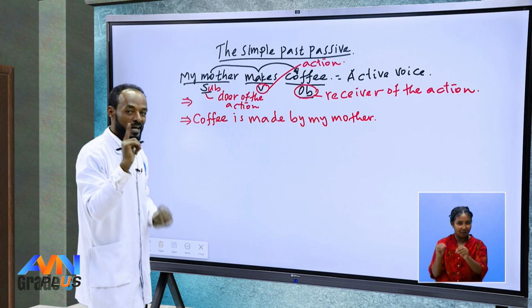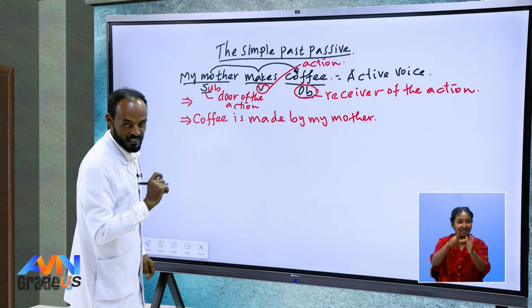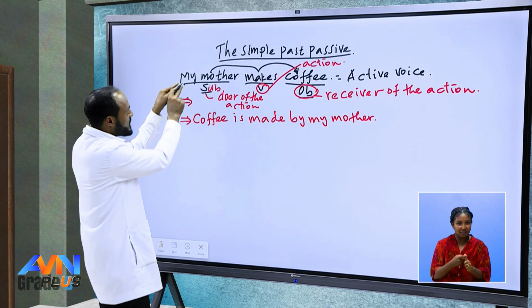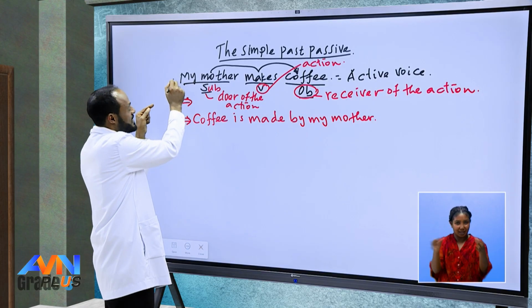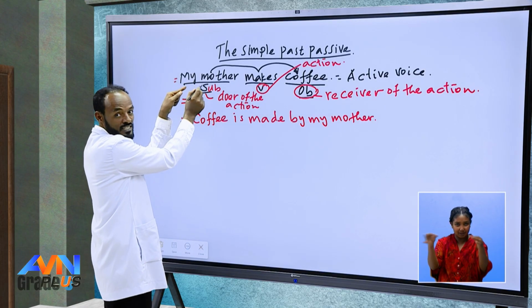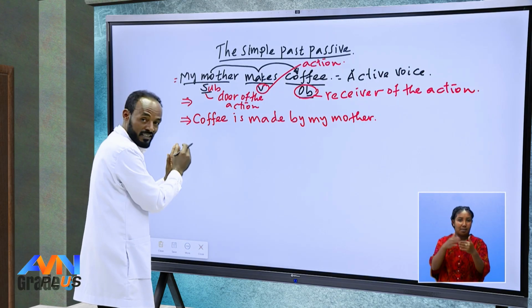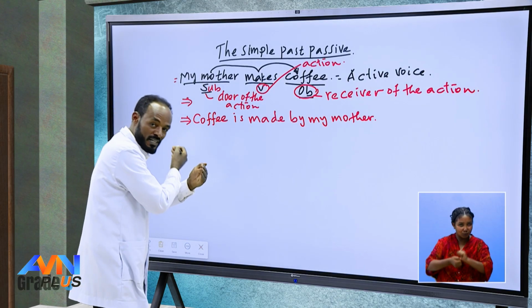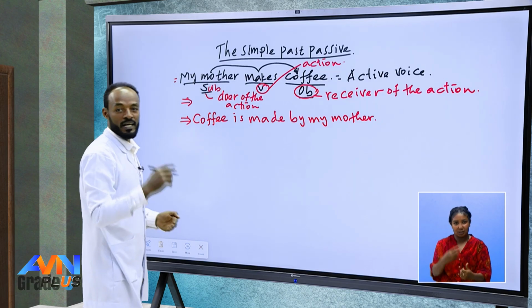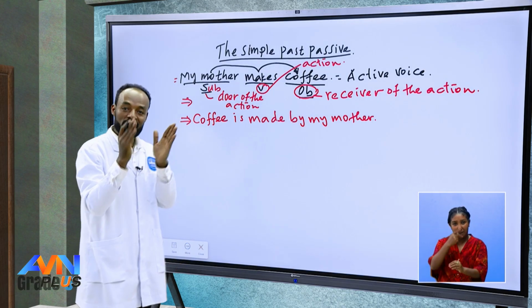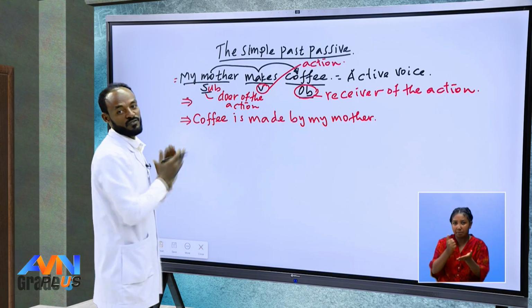Students, let me give you 30 seconds. First, change this sentence into simple past. After that, change it into passive voice. Students' parents, please let them do the activity.